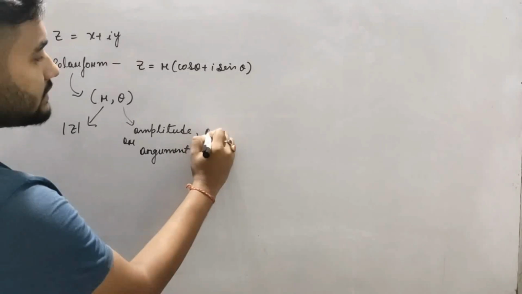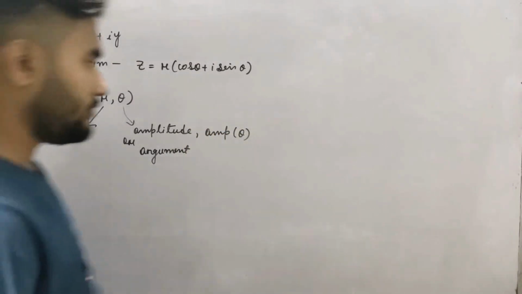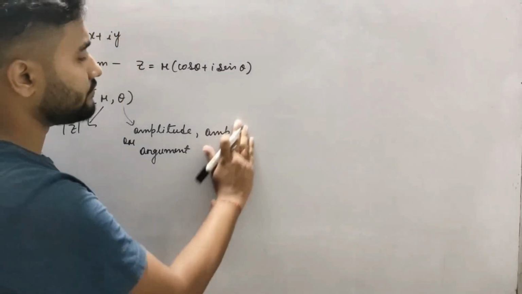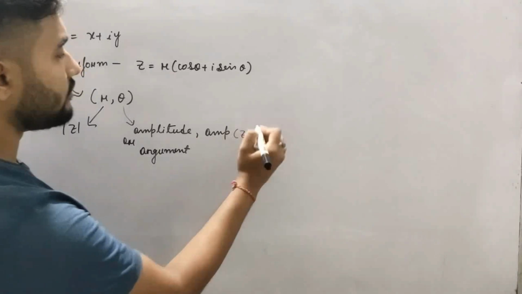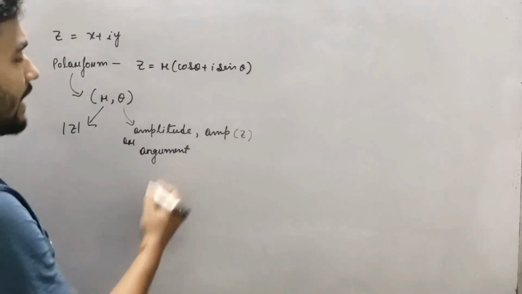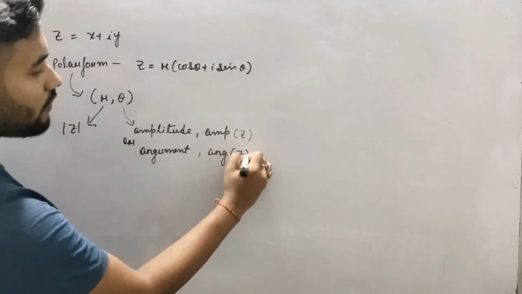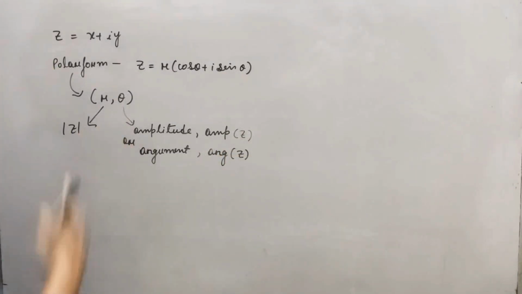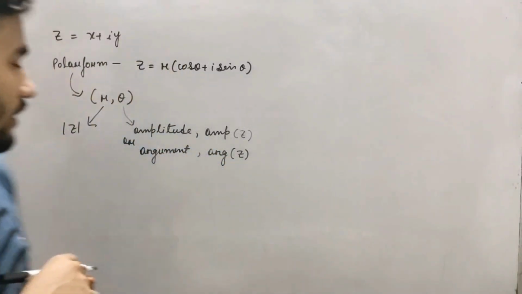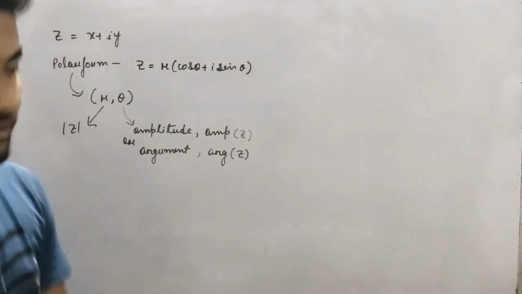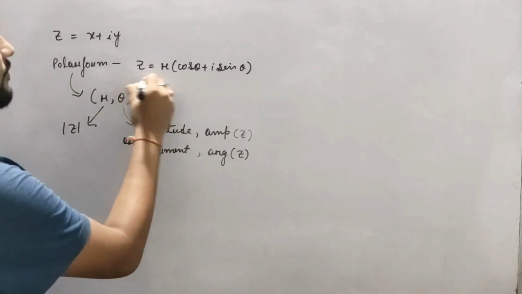We denote amplitude as amp of z, and argument we represent as arg, argument of z. So theta is the amplitude of that complex number, or we can say the argument of that complex number, the argument of z.